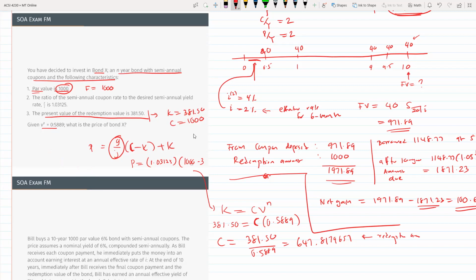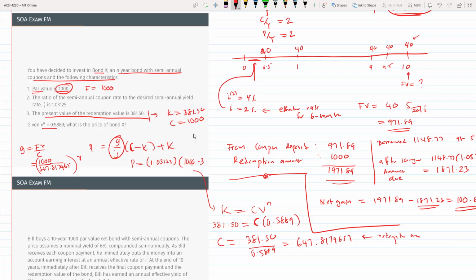It's not a par value bond, it's just par value. I made the mistake, so you have to be careful when you're reading the problem. Then G, which is FR over C, where F is 1000 and C is 647.817965, times R.